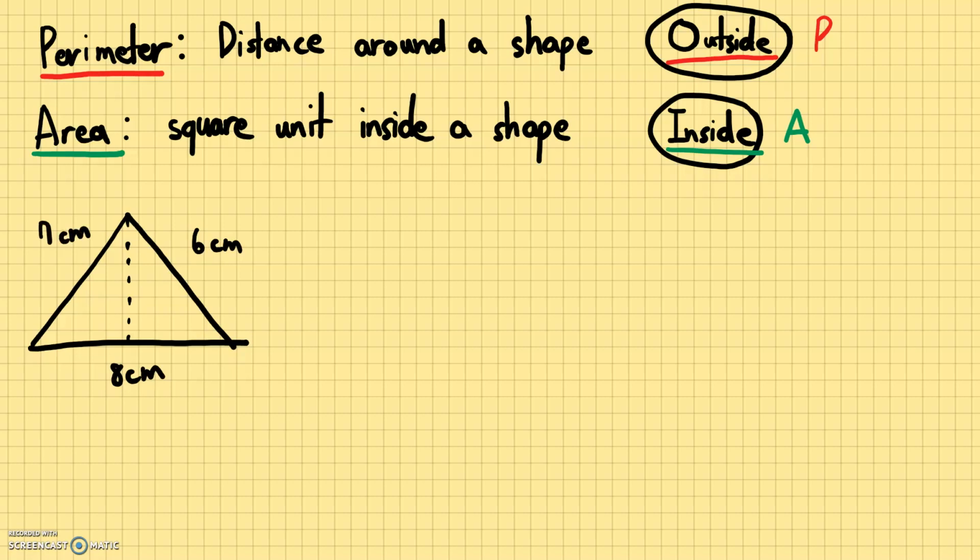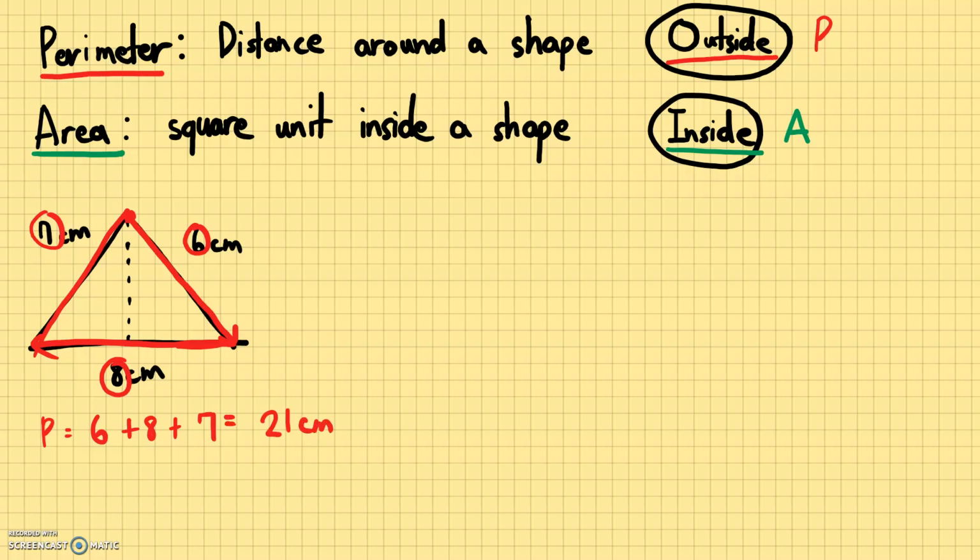Okay, for the perimeter, I want to discourage you from memorizing formulas for perimeter. I think it's much easier if you understand the concept. For the perimeter, you just simply add all the sides. 6, okay, this is perimeter. 6 plus this side is 8 plus this side is 7. Just simply add all the sides for perimeter. Okay, and that's going to be 21 centimeters.